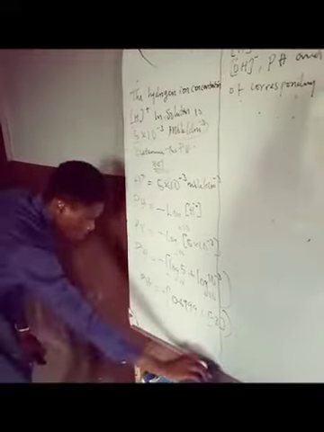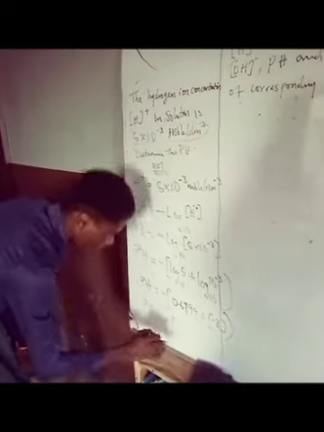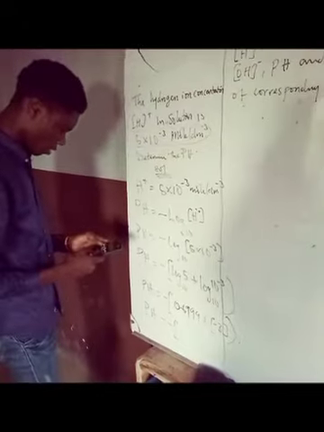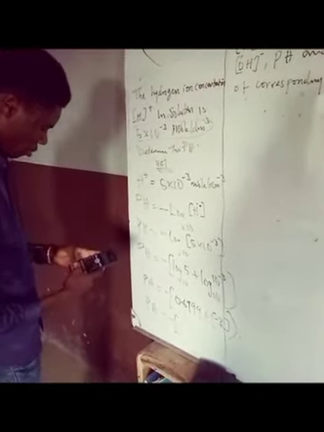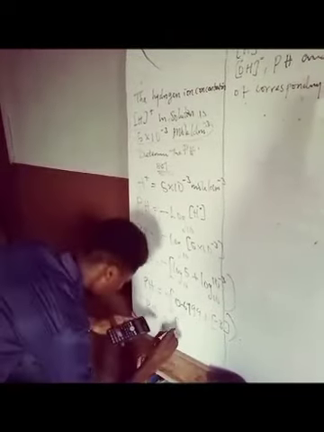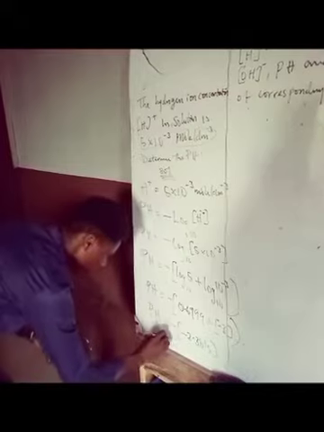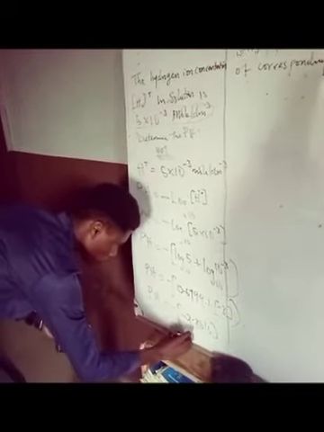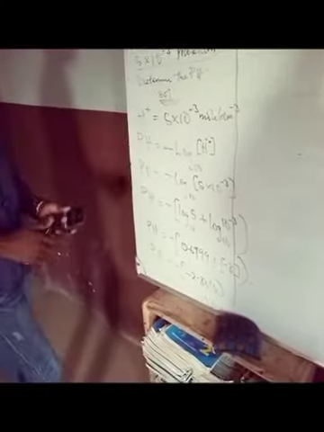So from here we have pH equals minus bracket open, the answer that you have gotten, minus 3. So you will have minus 2.3010. Then pH equals 2.3010. So I hope that is clear to you guys.